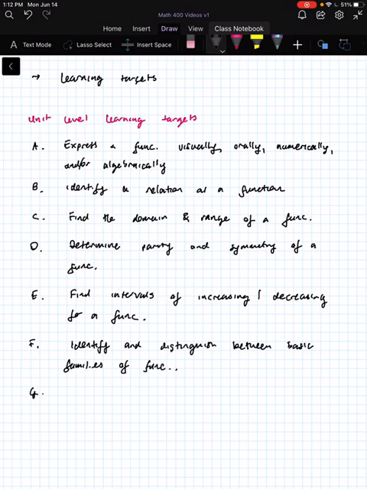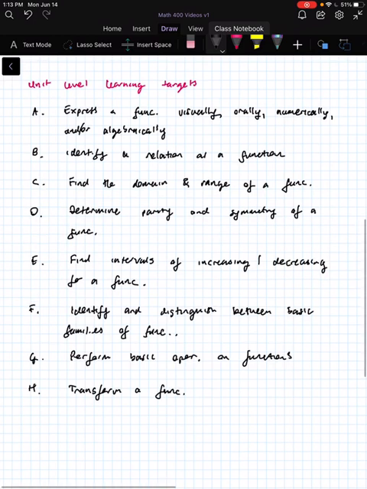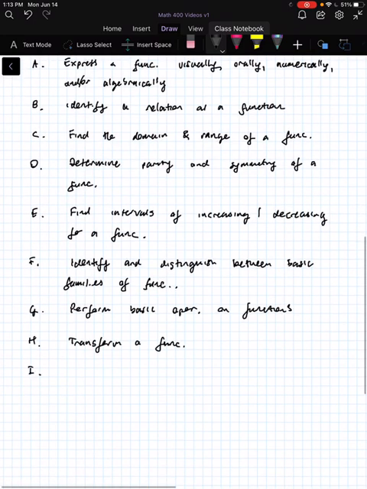We're going to perform basic operations on functions, including composition, transform functions, and relate the parent and their child, and lastly, we're going to find the inverse of a function, if it exists.